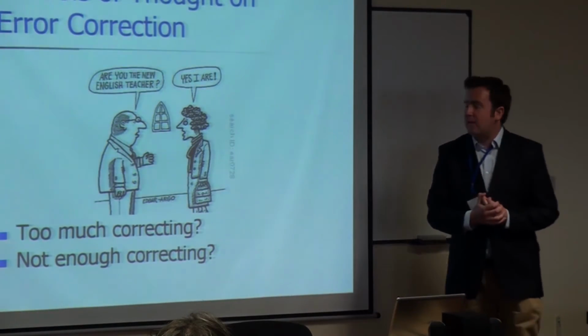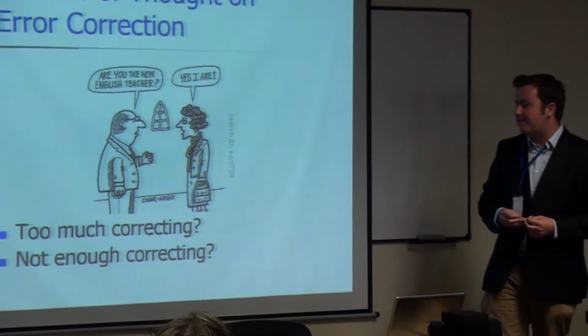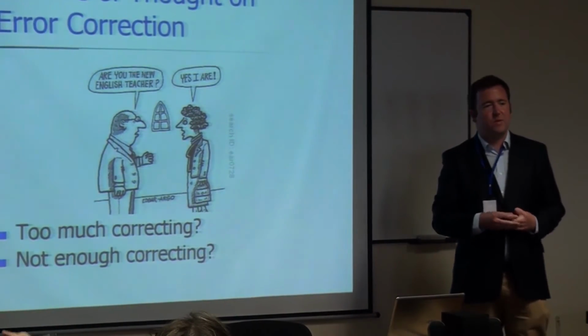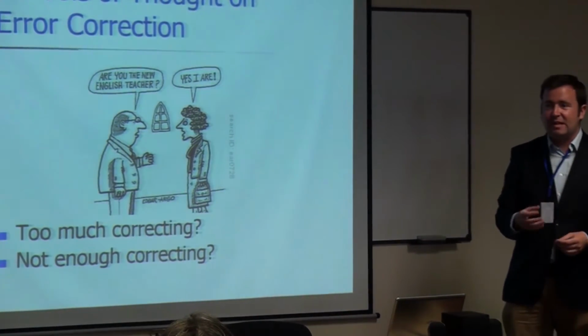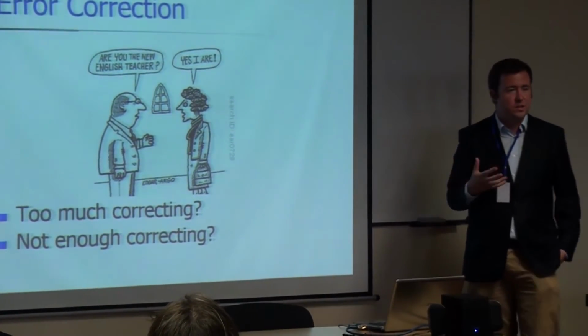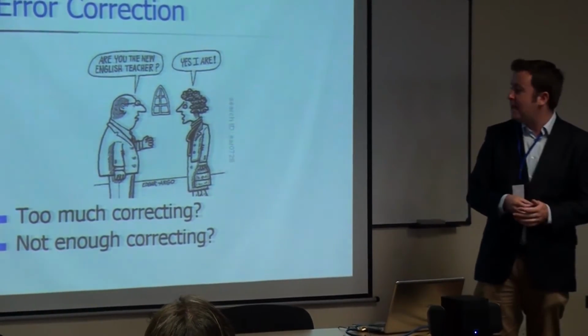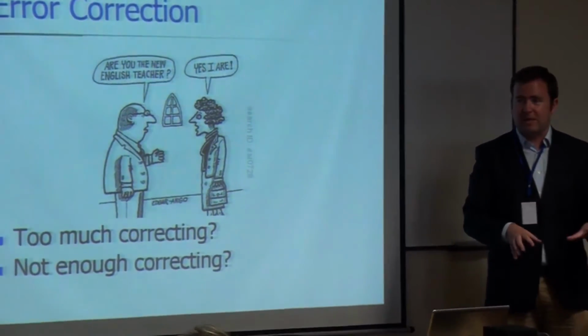Okay, so there are different schools of thought on error correction. Sometimes there is a danger that we can overcorrect, and there are of course risks attached with this. This could harm the students' confidence. There could be different personality types within the classroom.